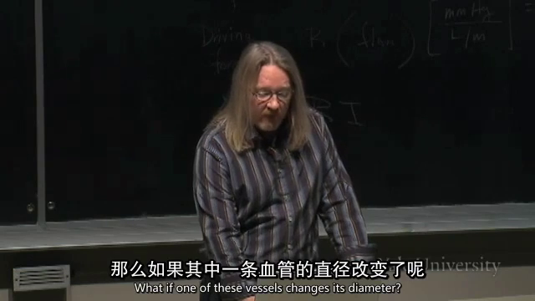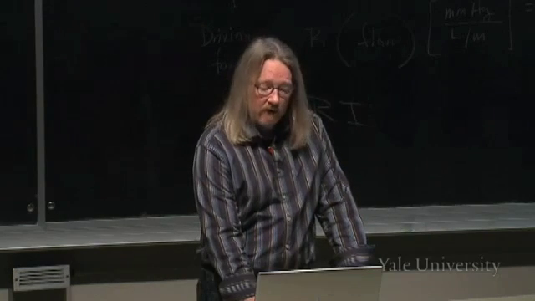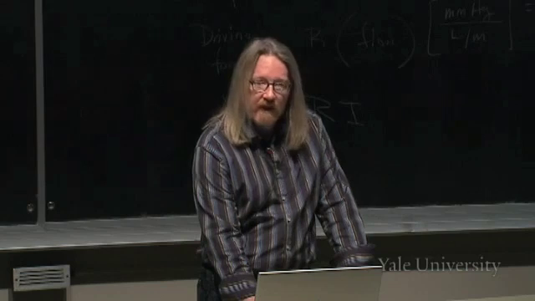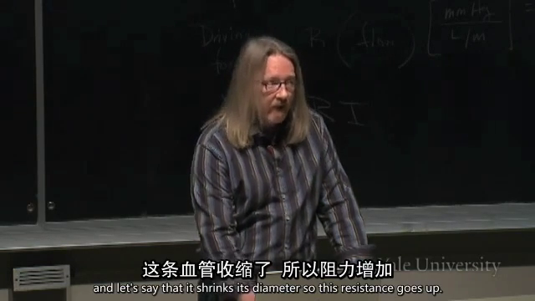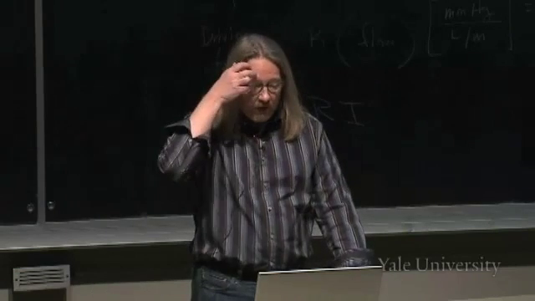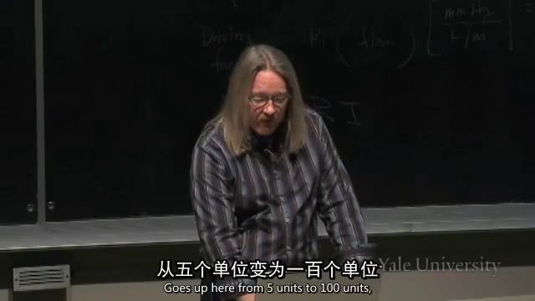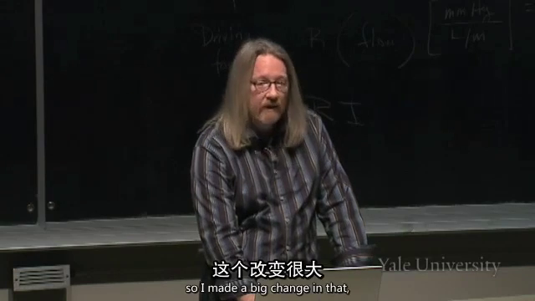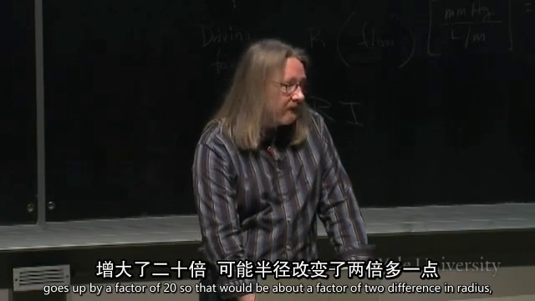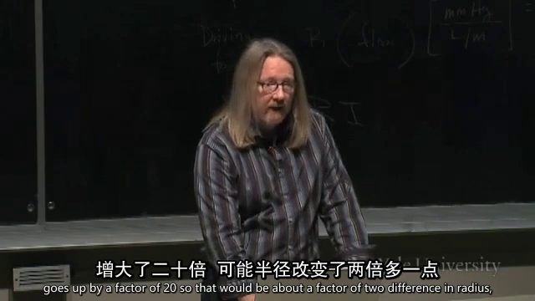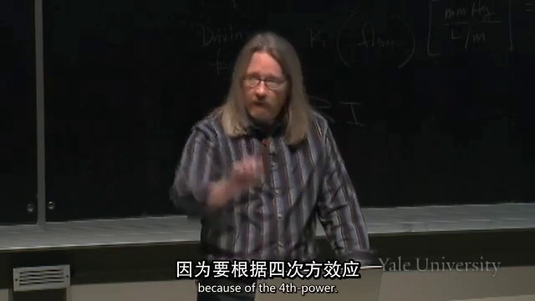Okay. What if one of these vessels changes its diameter? Let's say it's this one, and let's say that it shrinks its diameter so that its resistance goes up here from 5 units to 100 units, so I made a big change in that. Right? It goes up by a factor of 20, so that would be about a factor of 2 difference in radius because of the 4th power.